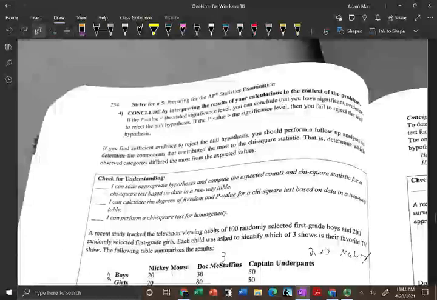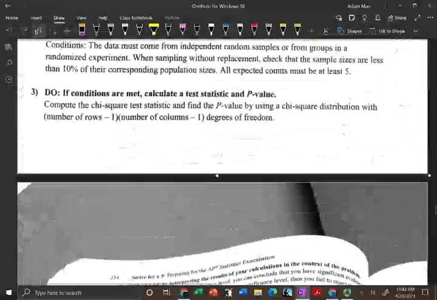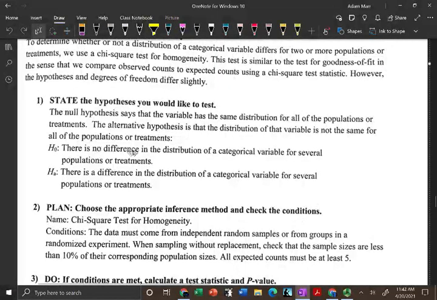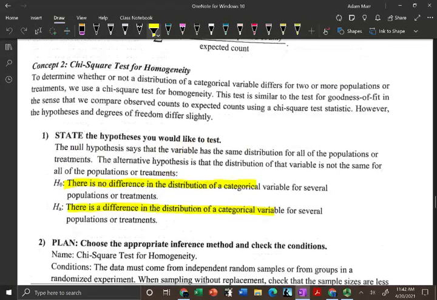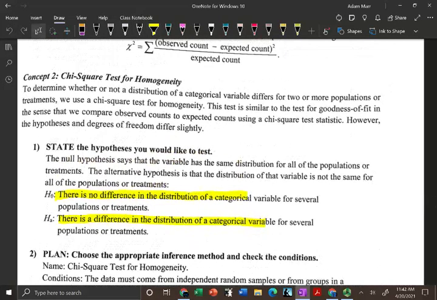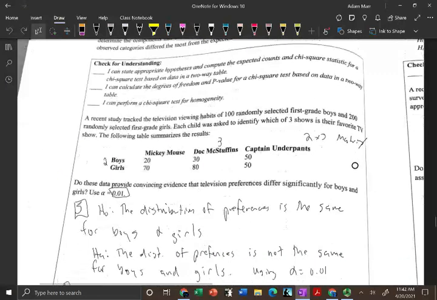There's either no difference in the distribution of the categorical variable, or there is a difference. But the biggest thing is that homogeneity has two or more samples, whereas independence is just one sample. Okay, let's take a look here.